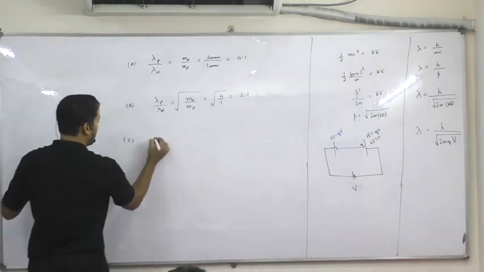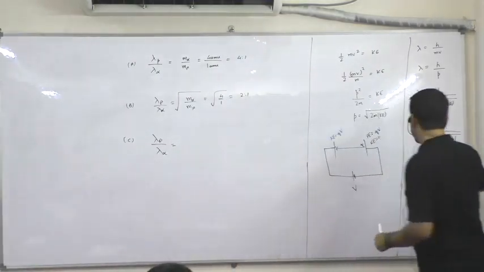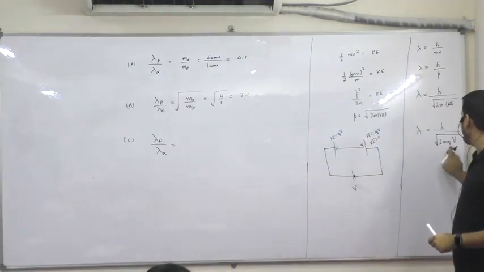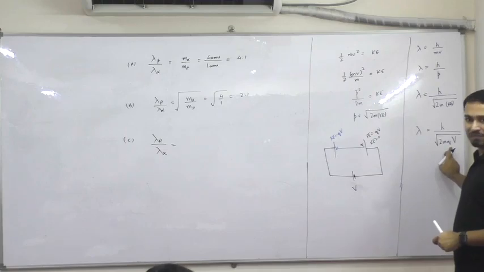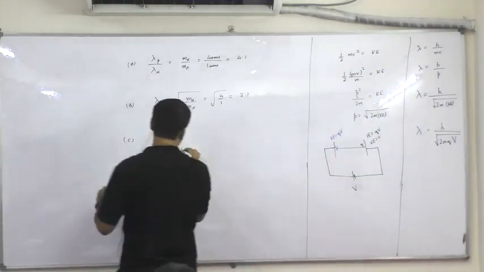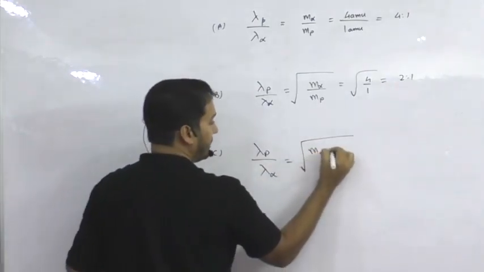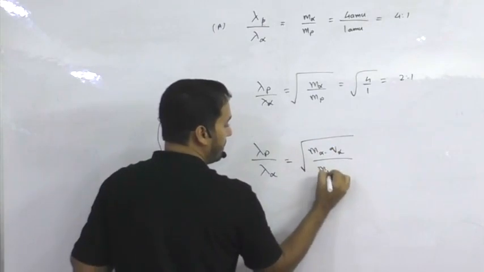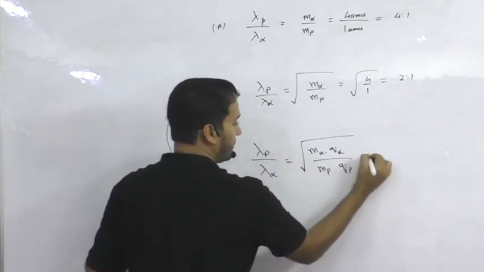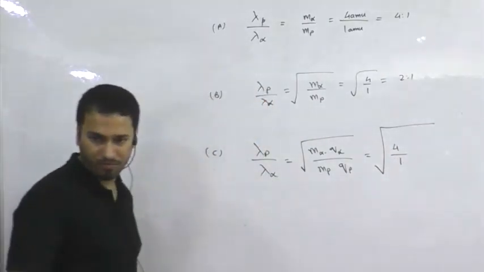Wavelength of proton by wavelength of alpha particle. Now, if the potential difference is the same, then the two variables are mass and charge. The wavelength is inversely proportional to square root of mass and charge. So wavelength of proton upon wavelength of alpha particle will be mass of alpha particle into charge of alpha particle upon mass of proton into charge of proton, all under a square root. Now, what is the mass of alpha particle? 4 AMU upon 1 AMU. This we've already seen.